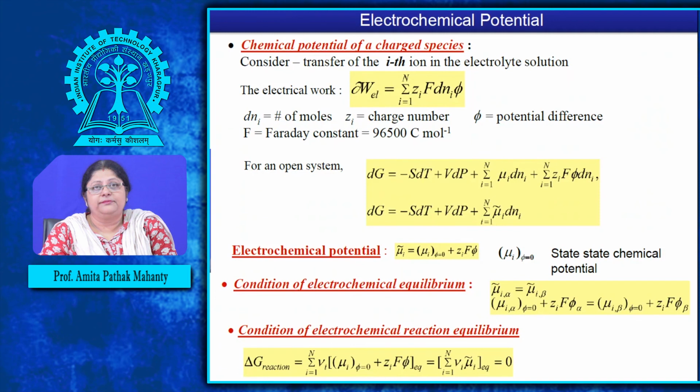When you have only electrons, when we are talking only about cell reactions and not about any electrolyte, then Z becomes 1, and you have the Avogadro number associated with the electrons. That is why we get the Faraday constant into dn_i. So if I have a charged species, only then, with electrolytes in the system, do I write down Z. Otherwise, if I have only electrons in the system, Z becomes equal to 1. Okay.